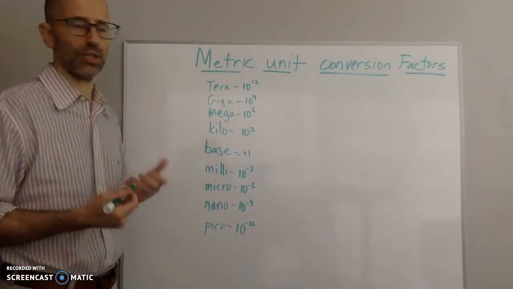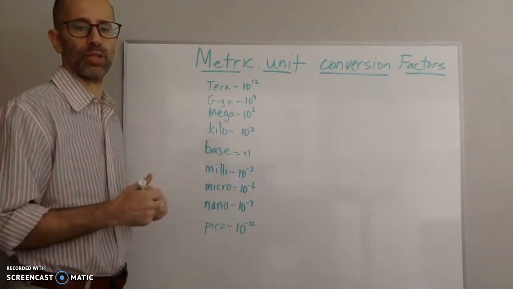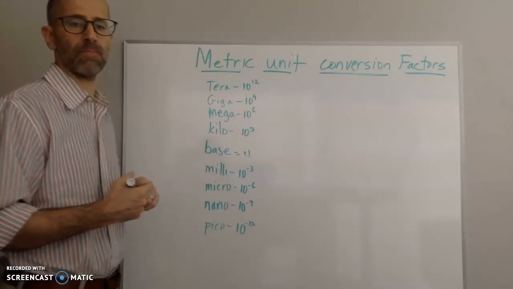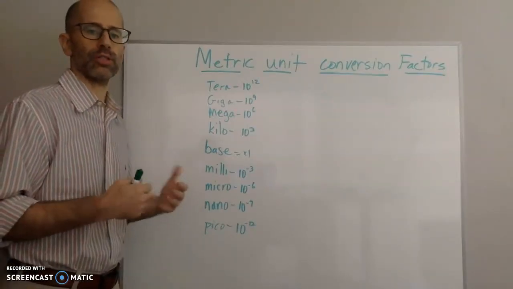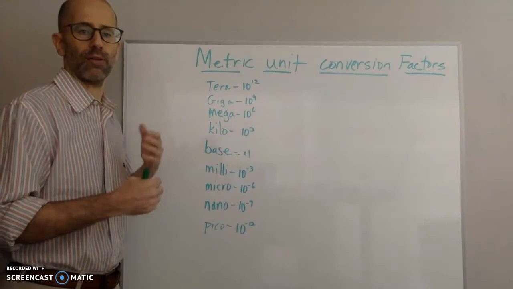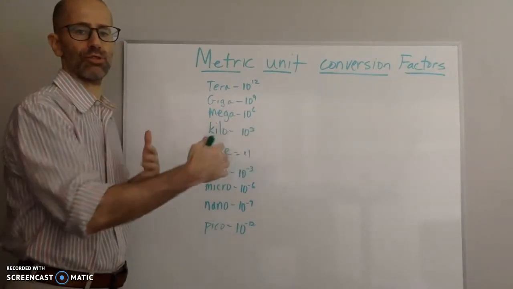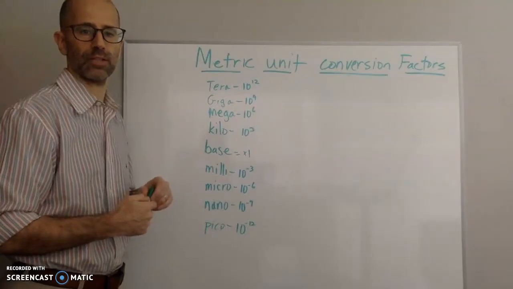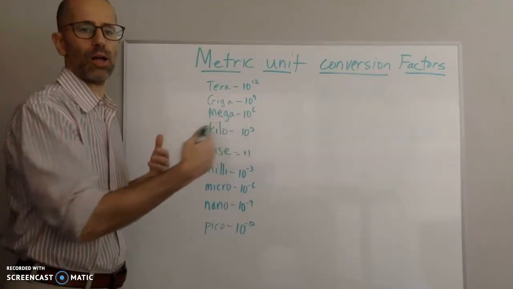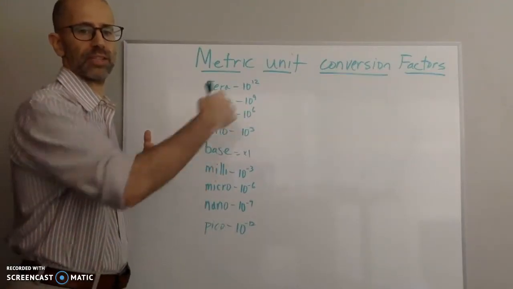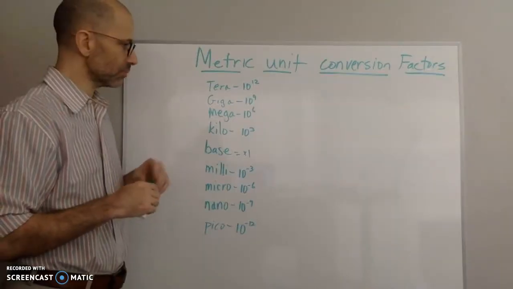So the first thing you're going to do is set up the equality between the two units that you want to convert between. This trick that I'm going to show you only works if you're comparing the base unit to the unit with the prefix. If you want an equality between one prefix and another, then this isn't going to work, but that's okay.